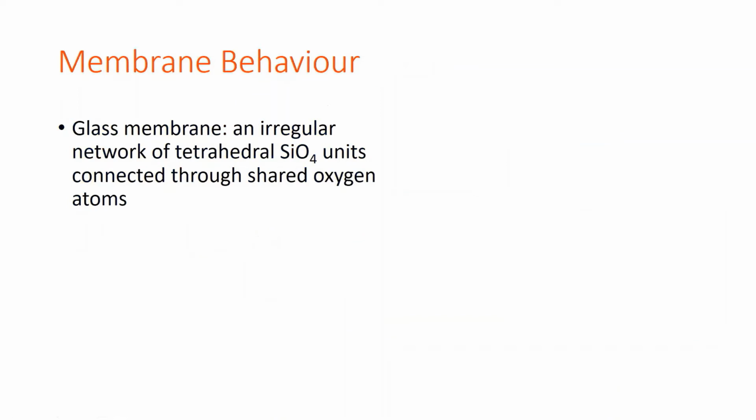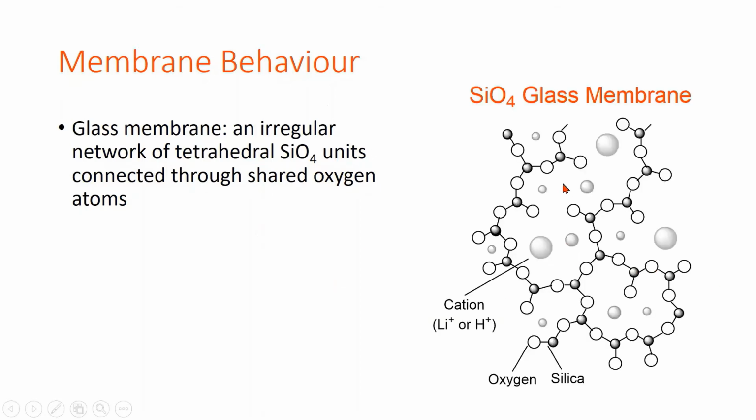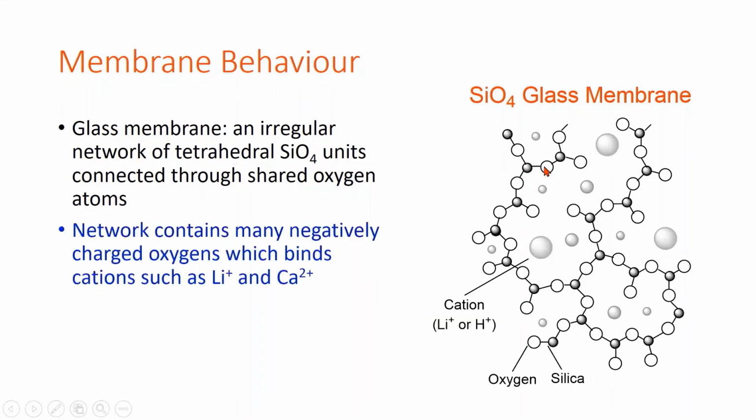Membrane behavior. Glass membrane is an irregular network of tetrahedral SiO4 units connected through shared oxygen atoms. The network contains many negatively charged oxygen atoms which bind with positively charged cations.